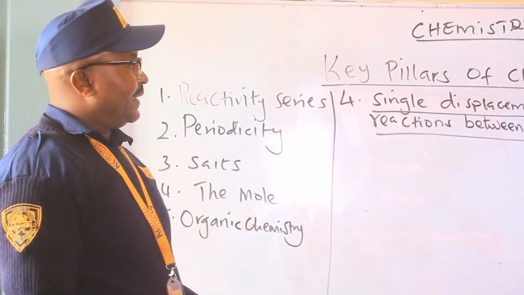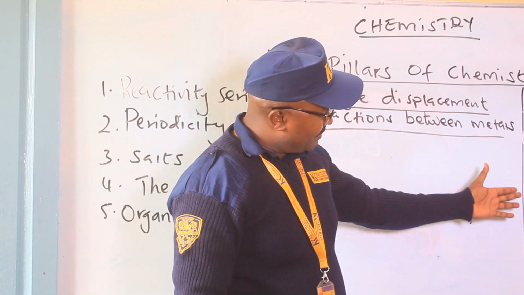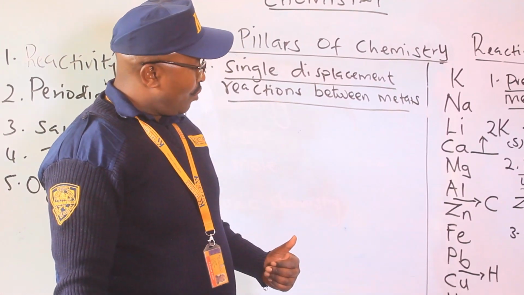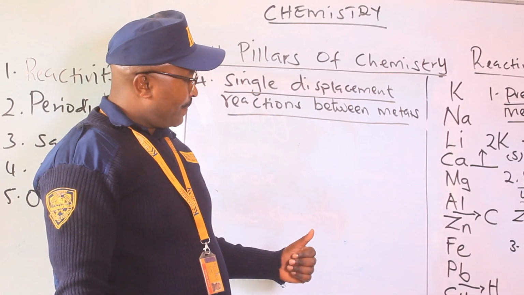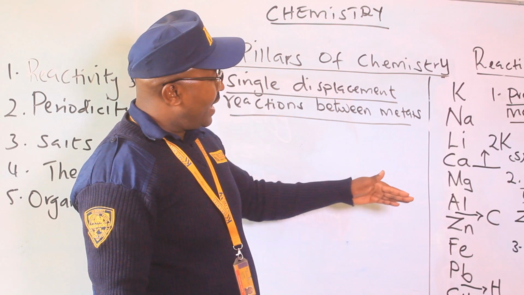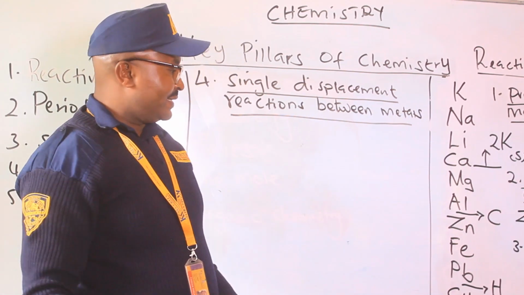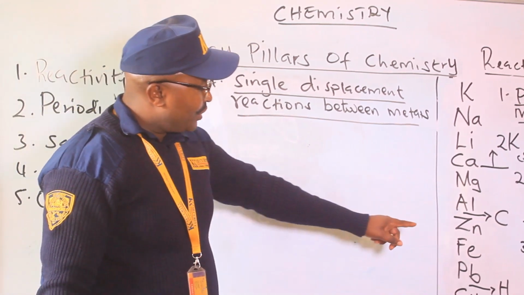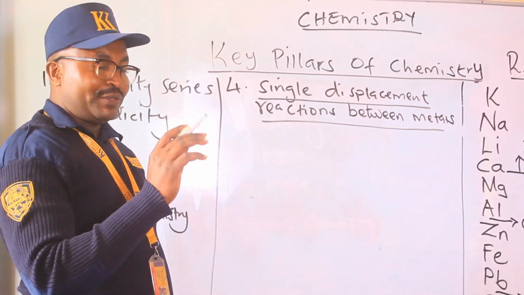You'll find that the ions of low-ranking metals in the reactivity series will be reduced from their solutions by the high-ranking metals in the reactivity series. I'll take an example of a reaction between zinc and a solution of copper(II) sulfate.